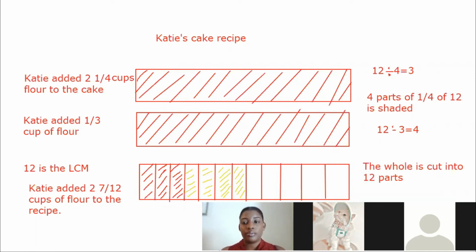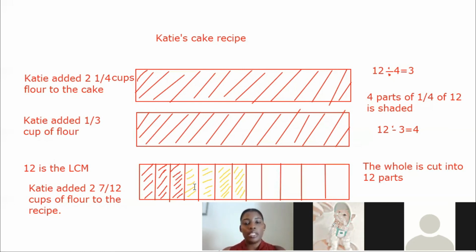So based on the diagram that we drew, we can see from the 2 solid bars that Katie added 2 1/4, and that was represented by the red shaded portion of the diagram.